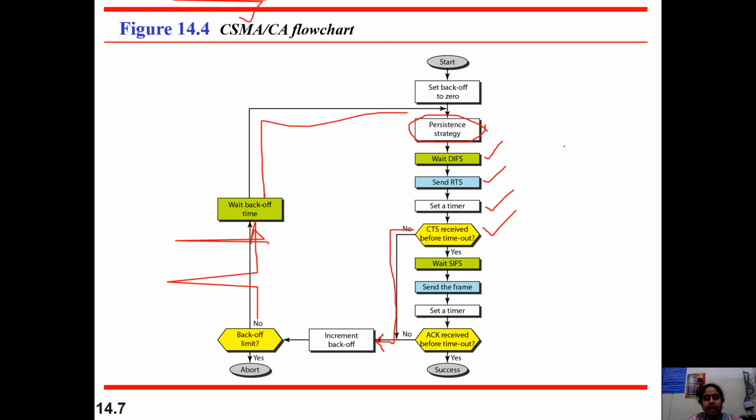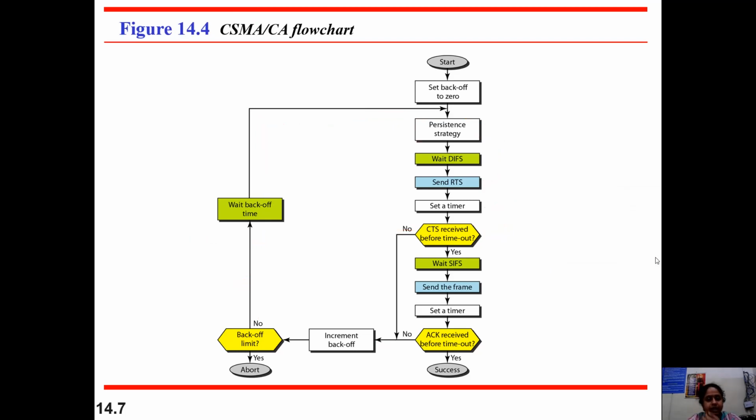If the CTS is received in time, then the station has to wait for SIFS time, which is nothing but short interframe space. Between any two signals, for some IFS time, the station has to wait, and this short interframe space is one of them. After waiting for that much time, the frame is sent.